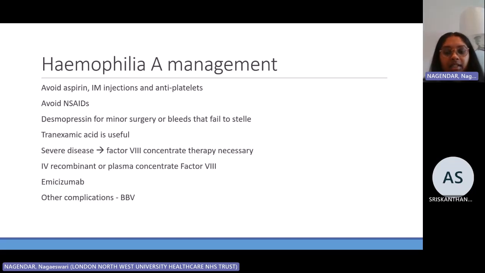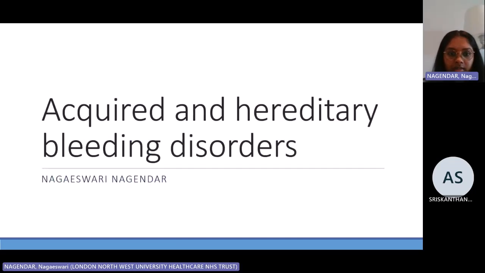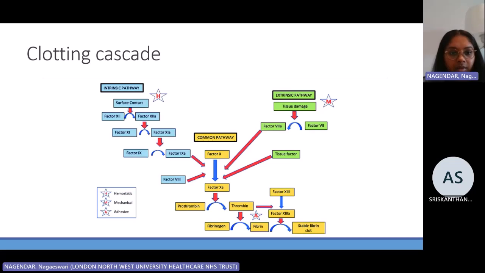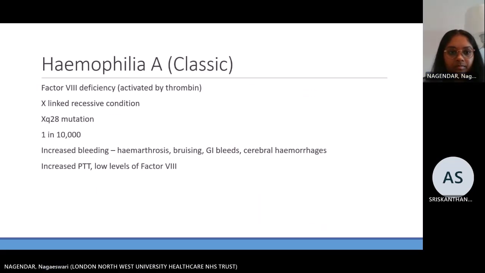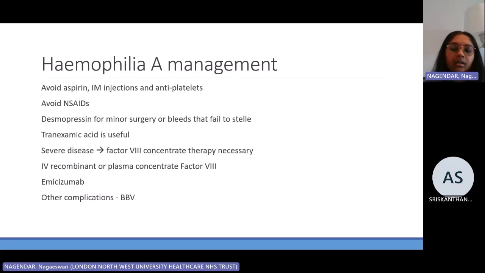This is a monoclonal antibody, and that can bridge the activated factor IX and factor X. So if we just go back to this slide, it's factor IX into factor X. So by bridging that, we can restore the function of the missing activated factor VIII, which is what's needed for hemostasis. This is given as a subcut injection, and this would only be started by the specialty, so started by Haematology.